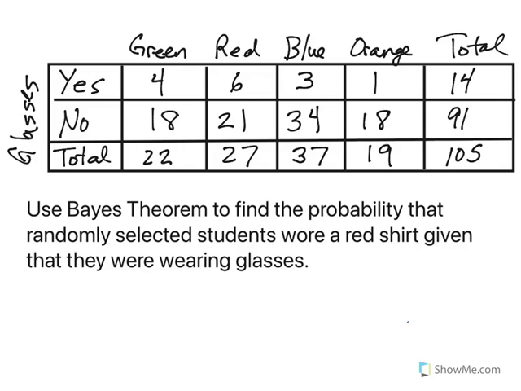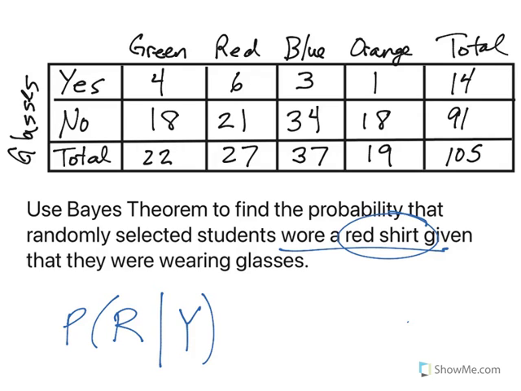Use Bayes' theorem to find the probability that a randomly selected student wore a red shirt given that they were wearing glasses. Now we're going to come back to this, but I'm a big fan of using the letters in my probability statement. We're saying wore a red shirt, probability of red, so probability of R, given that they were wearing glasses.